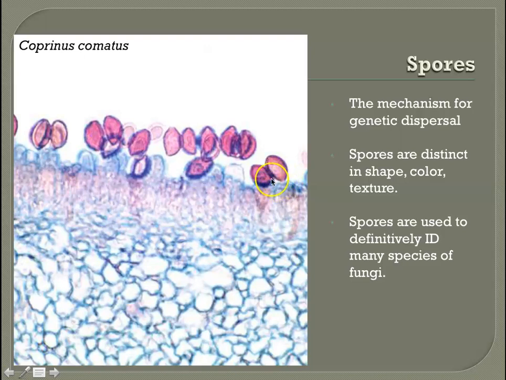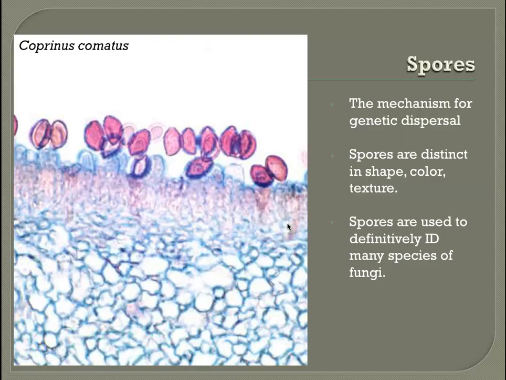But here we have images of spores. Here's the basidia that the spores are produced in and grown on, or grown from, I should say. And then here they are, all atop the basidia. Now, spores are the mechanism for genetic dispersal.